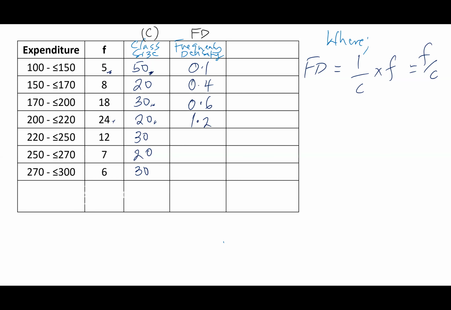Then the next one is 1 over 30 times 12, 0.4. Then 1 over 20 times 7, 0.35. Then 1 over 30 times 6, 0.2. Perfect. So there we have our frequency density.